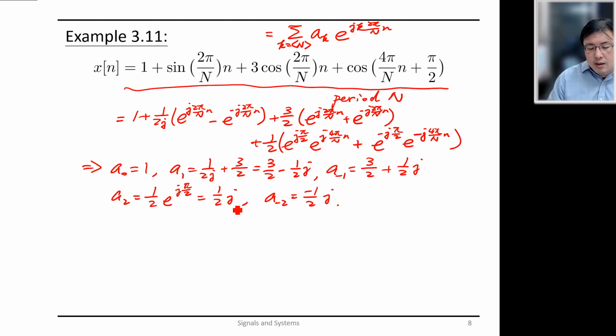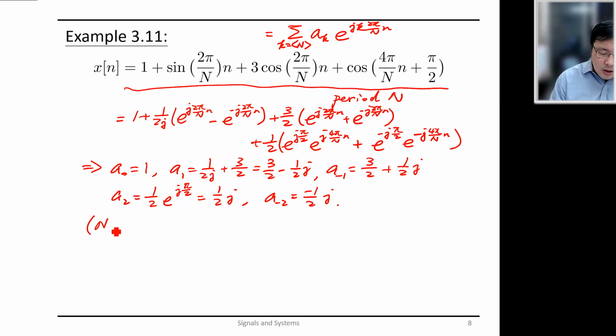So you can see here that, similar to the continuous time case, the Fourier series coefficients are conjugate symmetric with each other. You can see that a_1 is a_(-1) complex conjugate, because there is this sign difference in the imaginary term, and a_2 is equal to the complex conjugate of a_(-2).